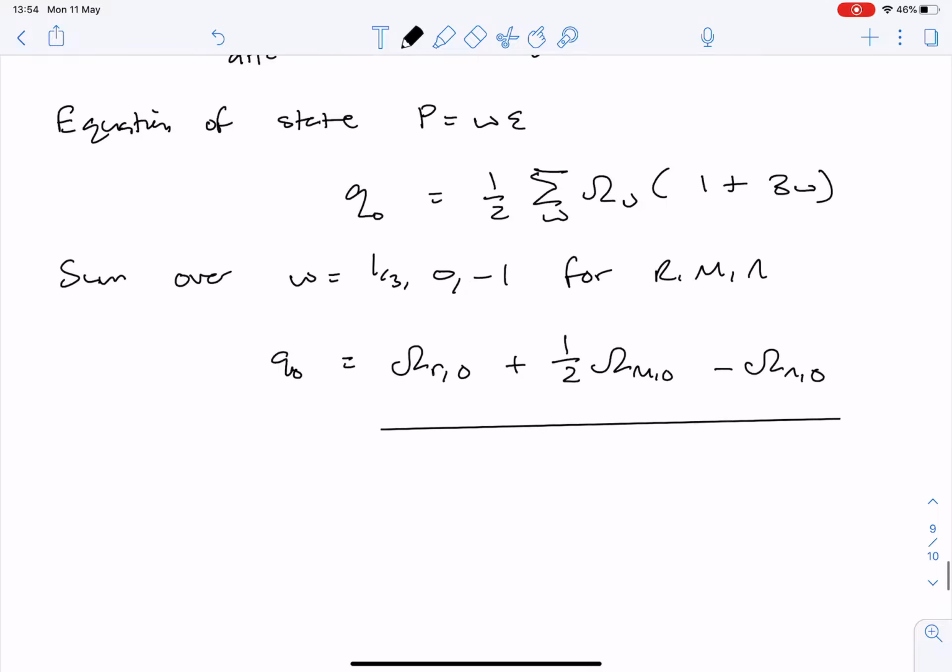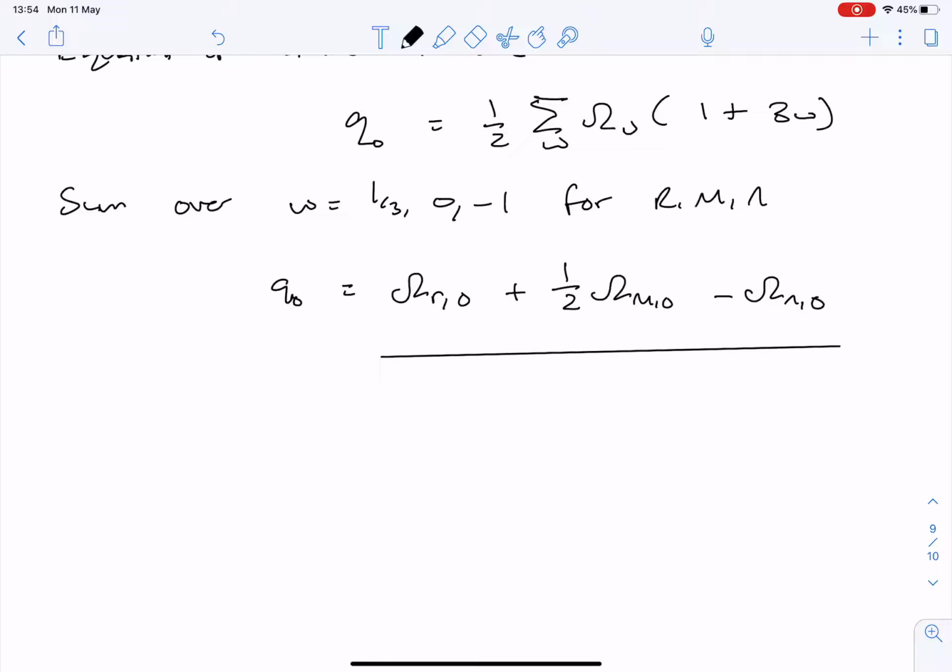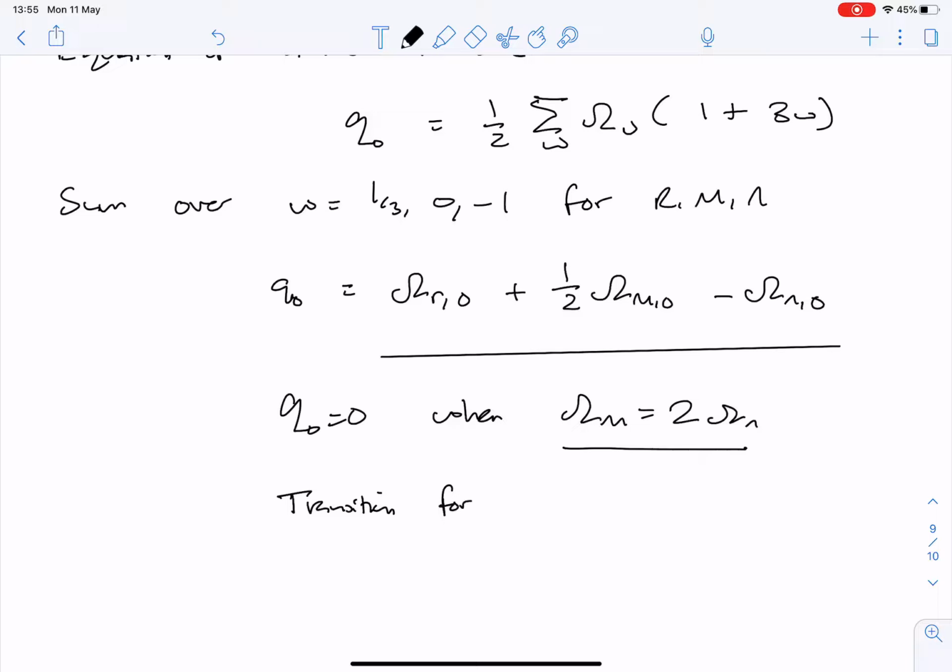Also note, I said I'd give away the answer to one of last week's problems, that q naught equals 0 when omega M equals 2 omega lambda. So the transition from acceleration to deceleration doesn't happen when omega M equals omega lambda.